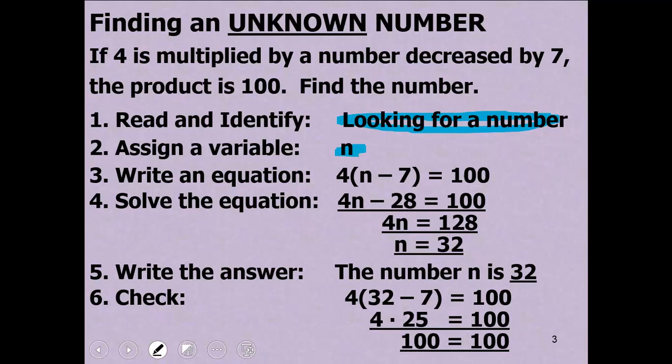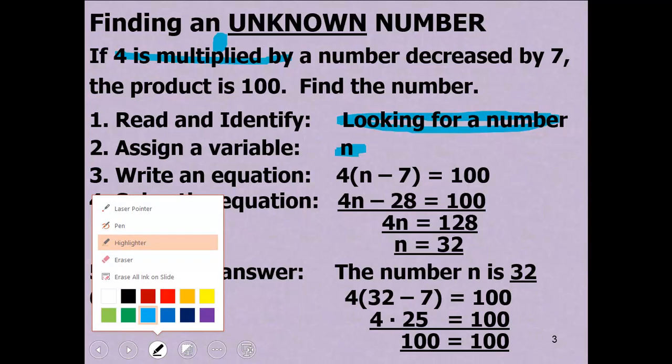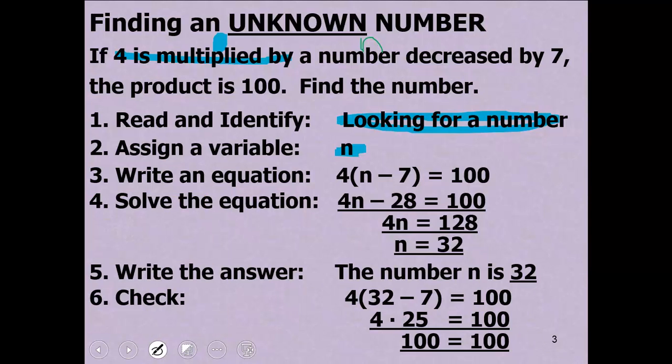Now I have to write the equation, and I know this is the toughest part, okay? Now let's read carefully. 4 is multiplied by, so we know that we have to use multiplication, all right? By a number decreased by 7. What did we call the number? We called the number n. Decreased by 7 says subtraction, okay? And the product is 100.